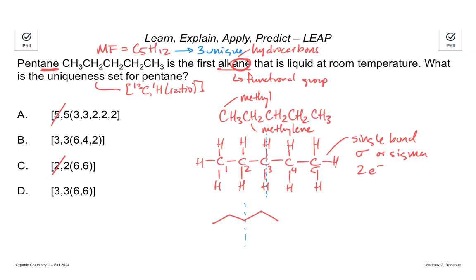Now the second number, we're looking at attached hydrogens, and we're considering these as sets because the carbons are going to have different hydrogen numbers attached to them. And then the sequence in the parentheses are the total numbers in those sets. So let's see if we can make some sense of that.